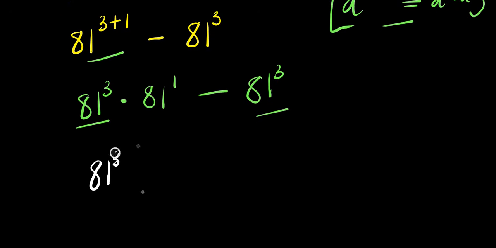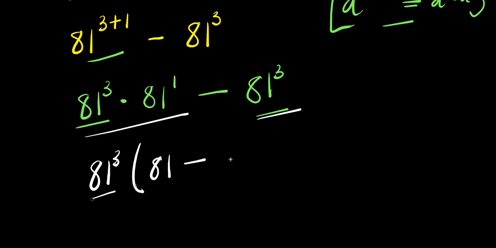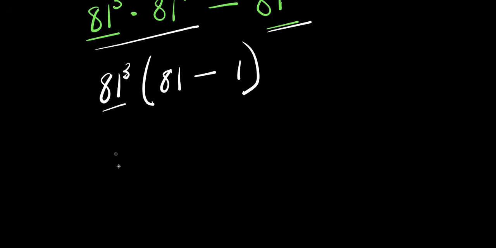I have 81 power 3 times, this divides 81 power 3, I have 81 minus, this divides 81 power 3, I have 1. From here, I have 81 power 3 times 80.